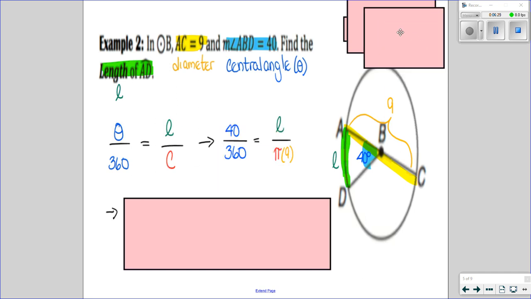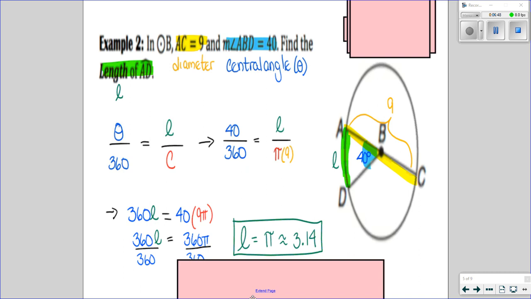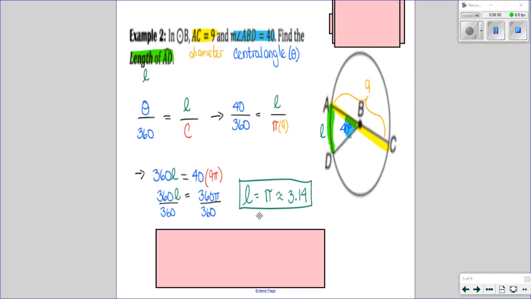Plug in the information that they gave you: 40 over 360 equals L, which we're looking for, over the circumference. Since they gave us the diameter, we could use C equals pi D. Replace the D with 9, then cross multiply and solve for L, and L comes out to pi, and we all know pi is 3.14.